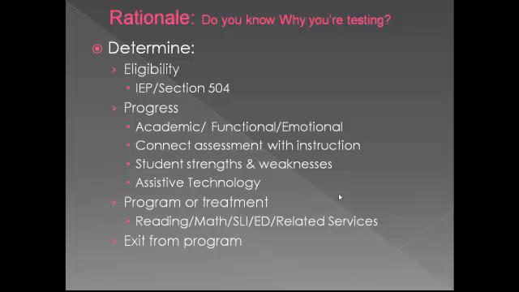And then another eligibility that often people forget about is exiting from program. Now, this happens a lot in high school, although I have exited a few children from elementary through middle school as well. Now, when they exit from program, we have to test them out.